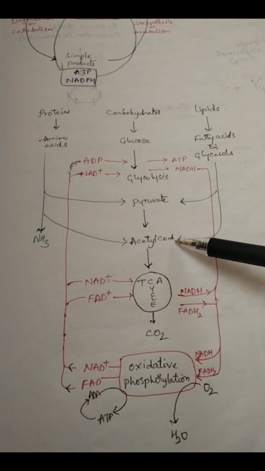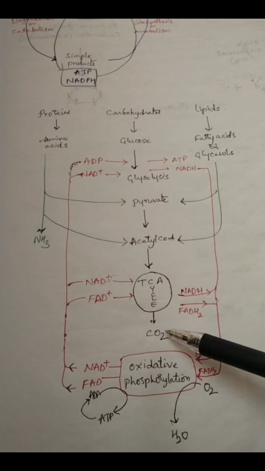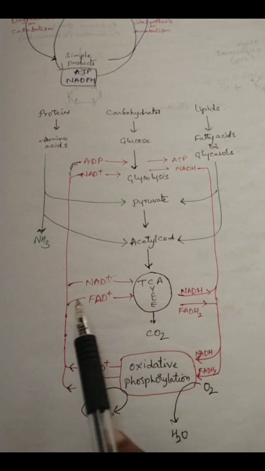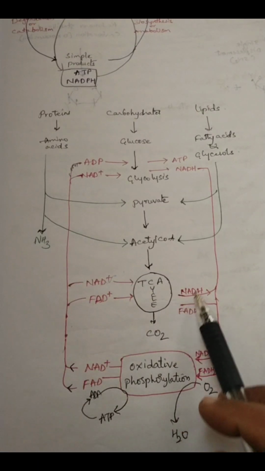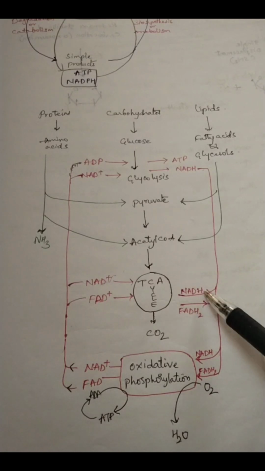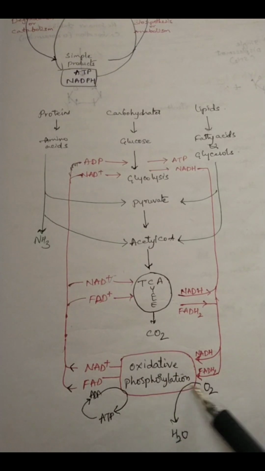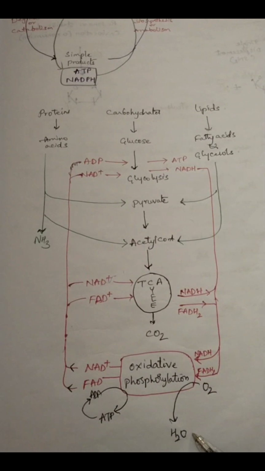These in turn get converted to pyruvate and acetyl CoA, and this acetyl CoA is oxidized to carbon dioxide through the TCA cycle, and the NAD plus and FAD molecules get reduced to NADH and FADH2. Reoxidation of these NADH and FADH2 through oxidative phosphorylation releases ATP and water molecules.